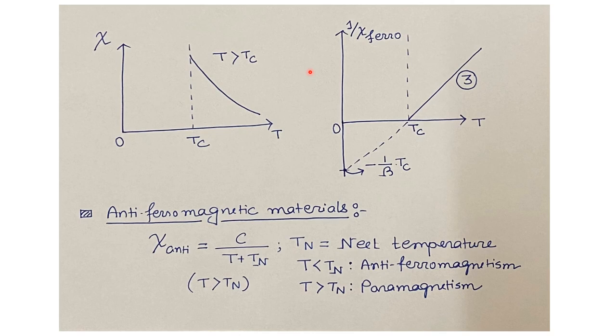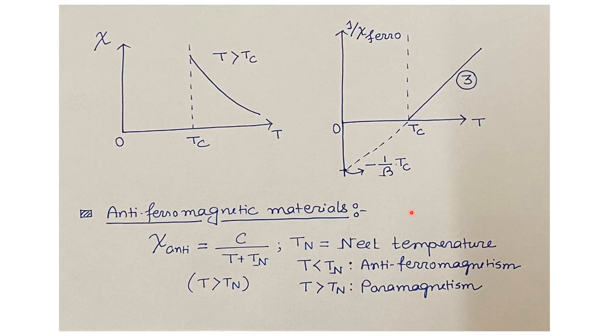So 1 by chi ferro is proportional to T minus Tc, so it will be a straight line and it will intersect the 1 by chi ferro axis at a negative value, that is minus 1 by B times Tc, and this line will intersect the T-axis at the Curie temperature, that is Tc. So it looks like the curve for the third material according to the question. So the third material will be the ferromagnetic material.